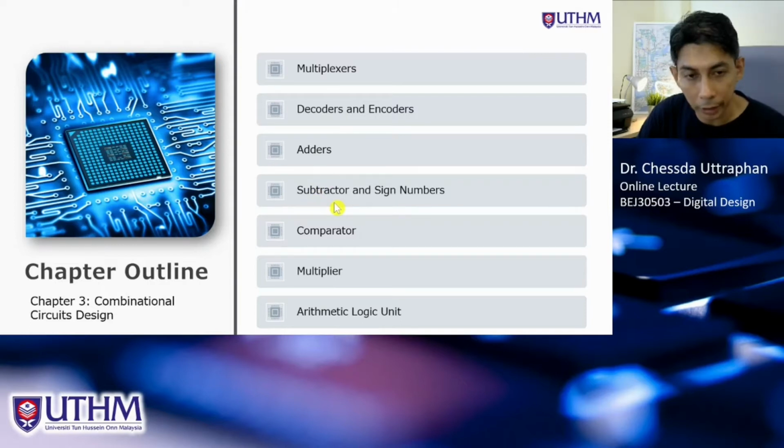So how we subtract the number and add the number in digital hardware, and the reason why we use adder in subtraction operation, right? And today we will continue from here, starting from comparator, multiplier, and ALU.